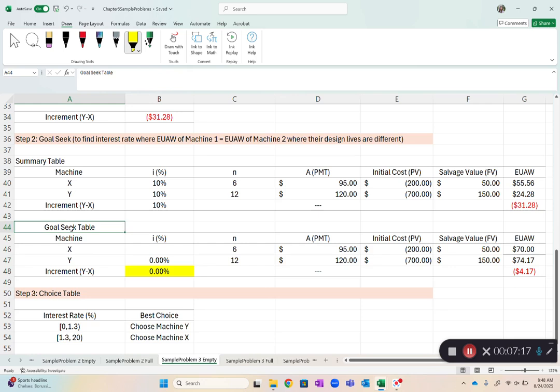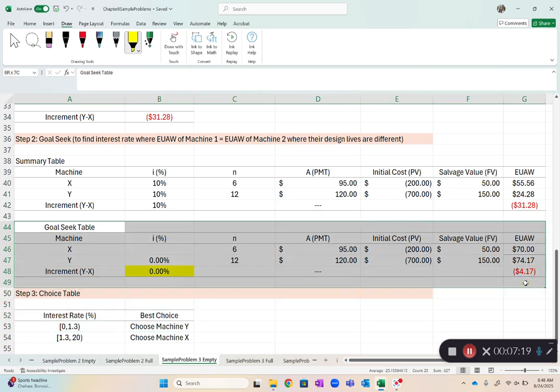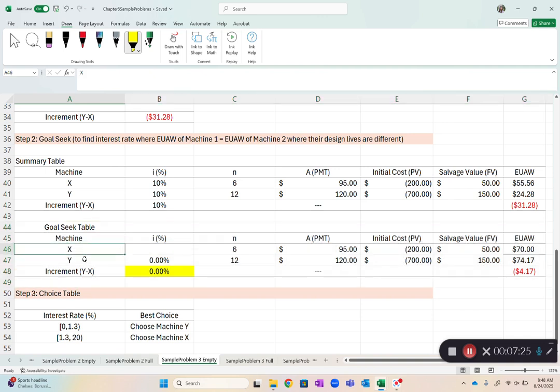Down here now, I'm calling it a GoalSeek table. For my GoalSeek table, I'm going to set this up with machine X, machine Y, and then my incremental analysis. For my interest rate here, I right now have 0. You'll notice this next one is referencing B46, and this here is referencing B46 as well.